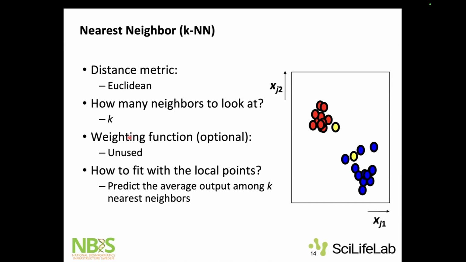You can, of course, scan a set of ks and see how your classifier performs. You can have a weighting function, which is unused here in the original format, and to decide which label it should get, it will take the average output among the k nearest neighbors.